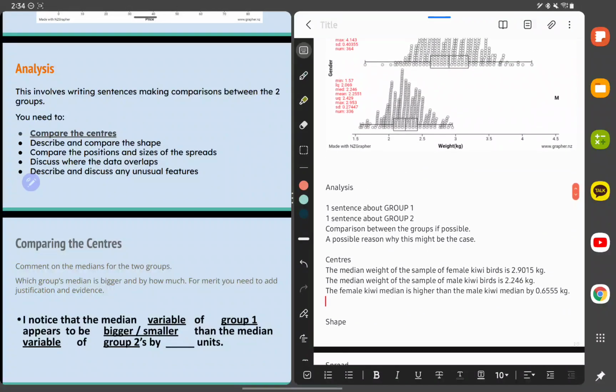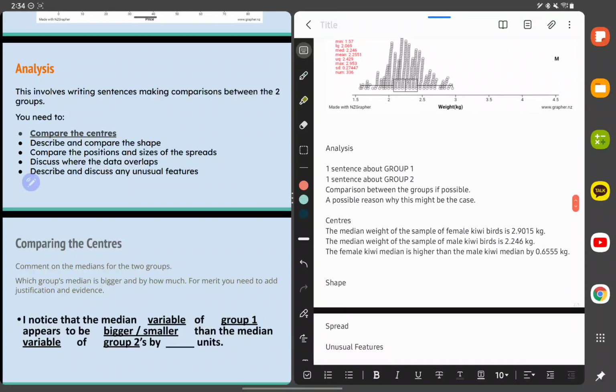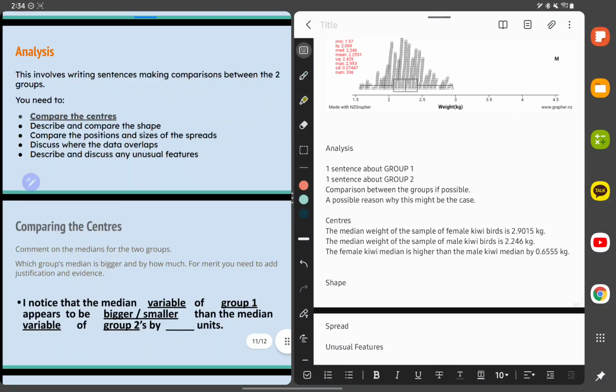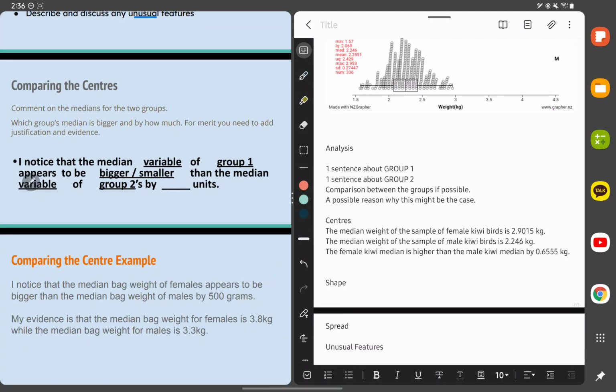Let's have a look. Let's see why we think that might be the case and answer that question. Just go through in here. All right, so let's have a look. So I don't know.